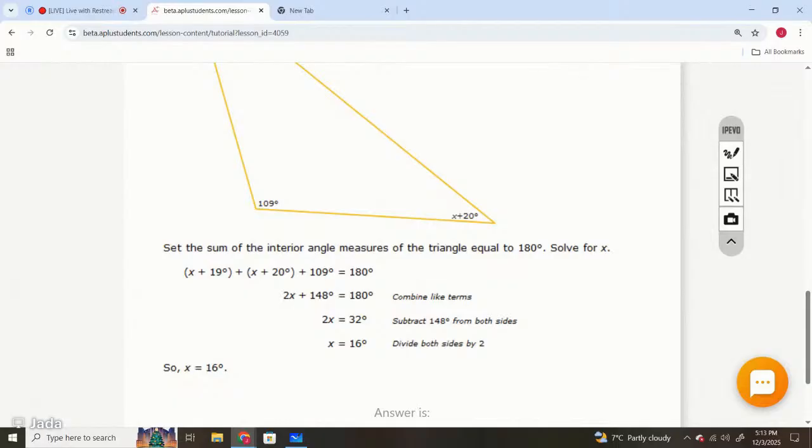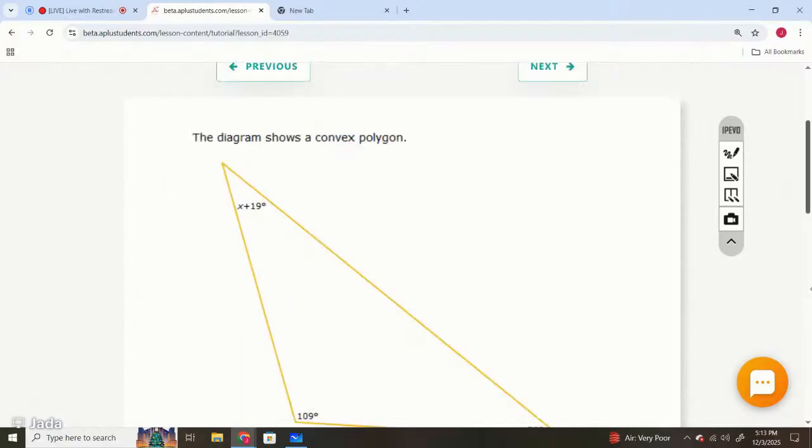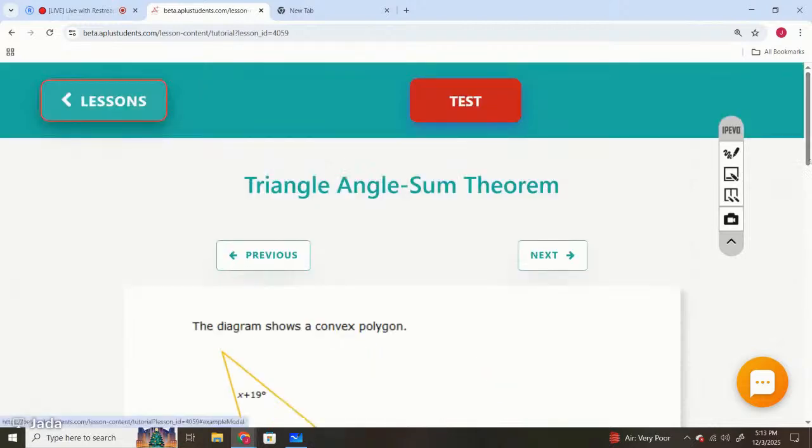So x plus 19 plus x plus 20 plus 109 is equal to 180. So x is equal to 16 degrees. Just add all the angles and solve for x, which equals 16. Let's just start with the first questions.